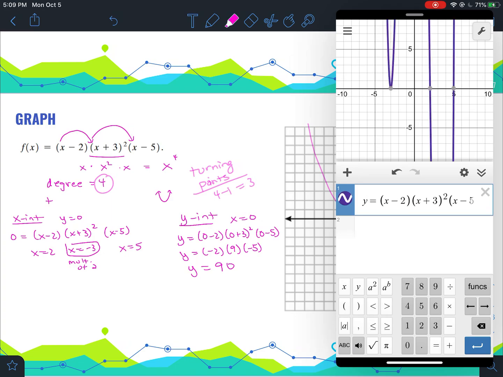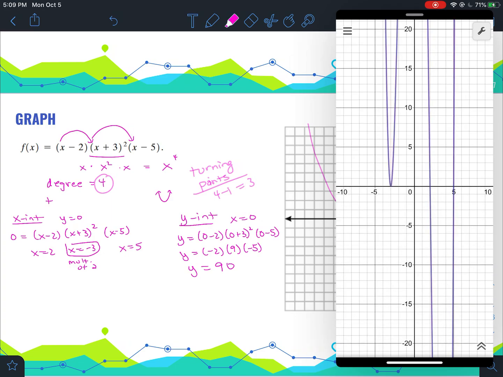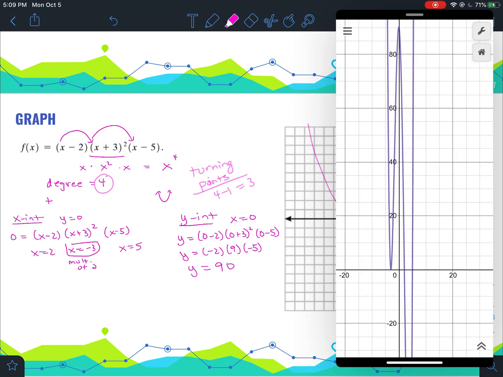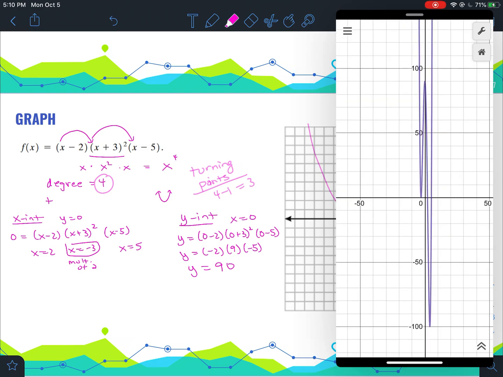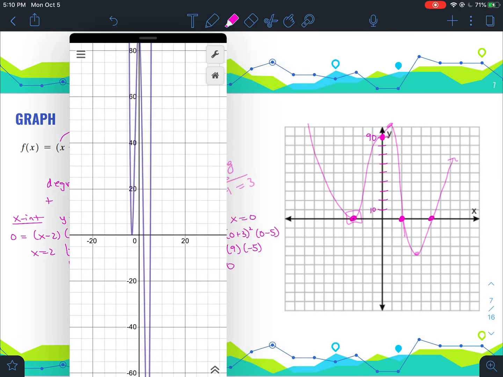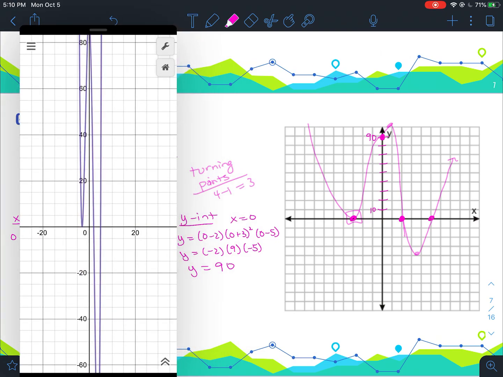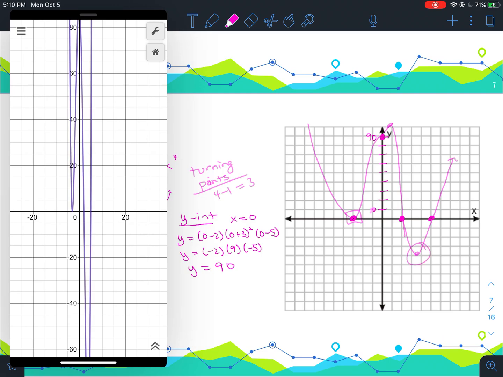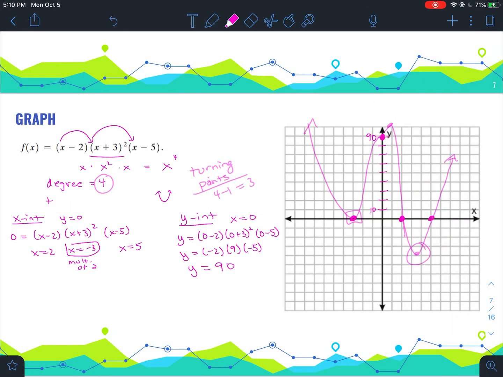So now, notice it goes all the way up to a height of 90. Oh, and that was exactly where it hit and then came back down. So it went down pretty low, but overall, our picture is pretty good. We just didn't go down far enough on the guy right here, but everybody else looks pretty decent.